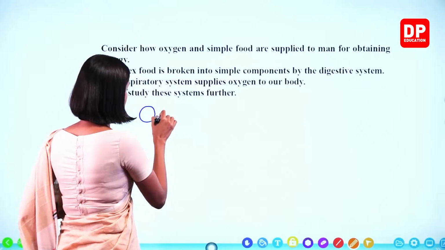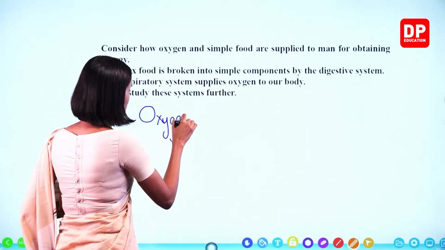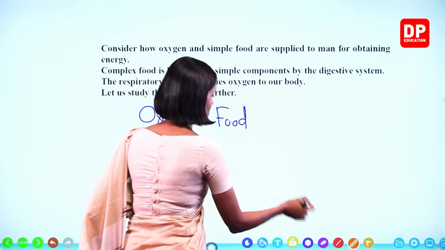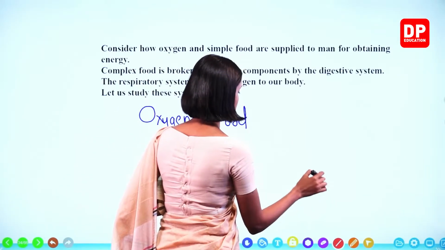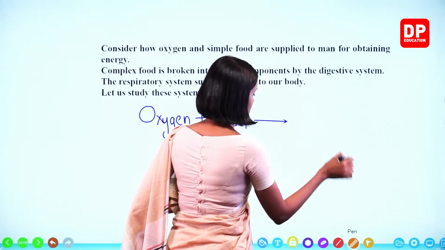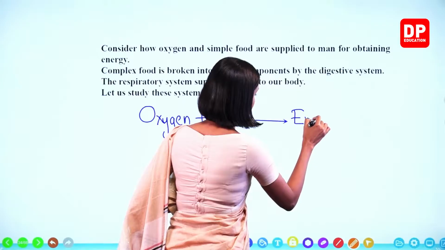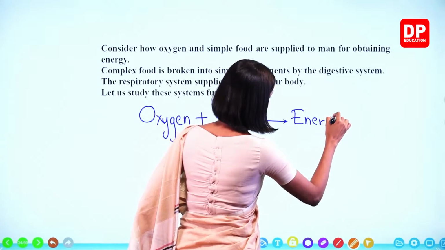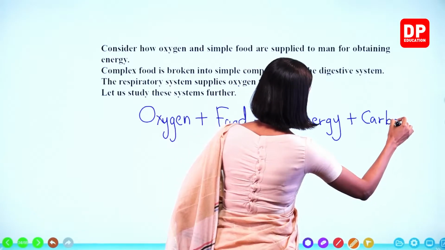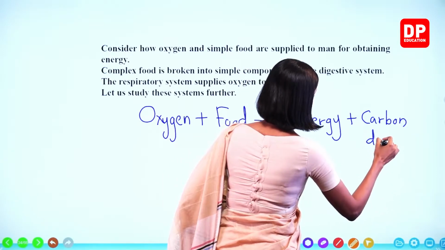Oxygen reacts with food and produces energy, and another byproduct: energy and carbon dioxide gas. Carbon dioxide.